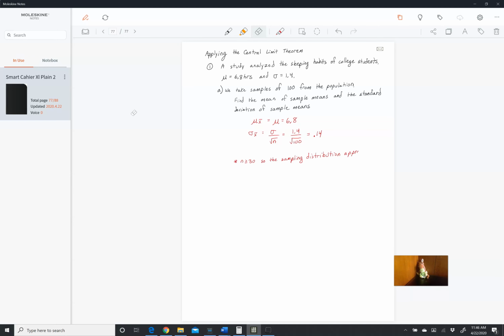This is not critical for this particular aspect of finding the mean of sample means and the standard deviation of sample means, but I want you to be getting into the habit of looking at this. So n is greater than or equal to 30, so the sampling distribution approximates a normal distribution.